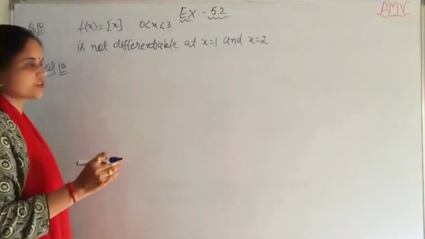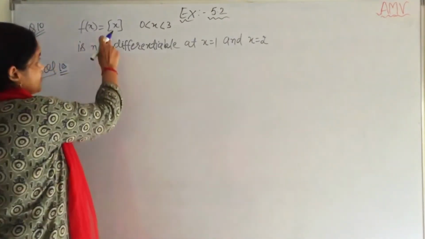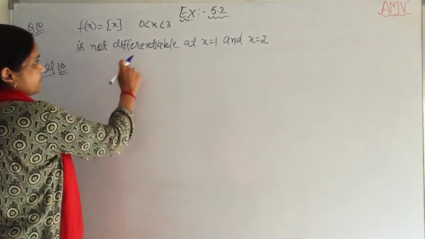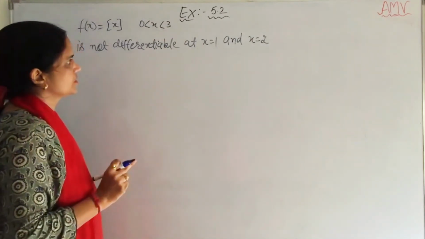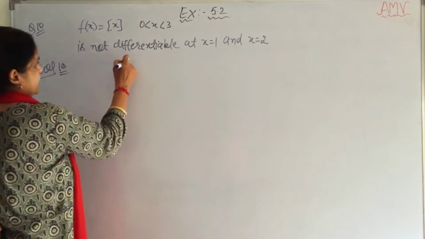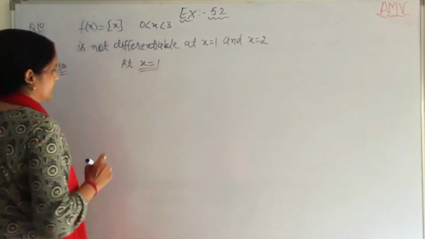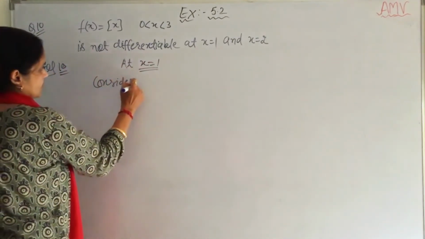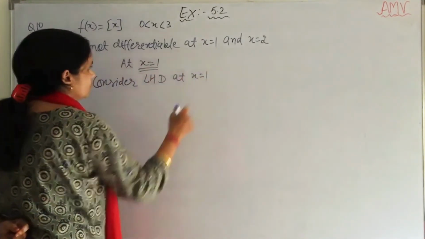Question number 10. Here f(x) is given greatest integer function x. And we have to prove that it is not differentiable at x is equal to 1 and at x is equal to 2. So first start at x is equal to 1. So now consider left hand derivative at x is equal to 1.